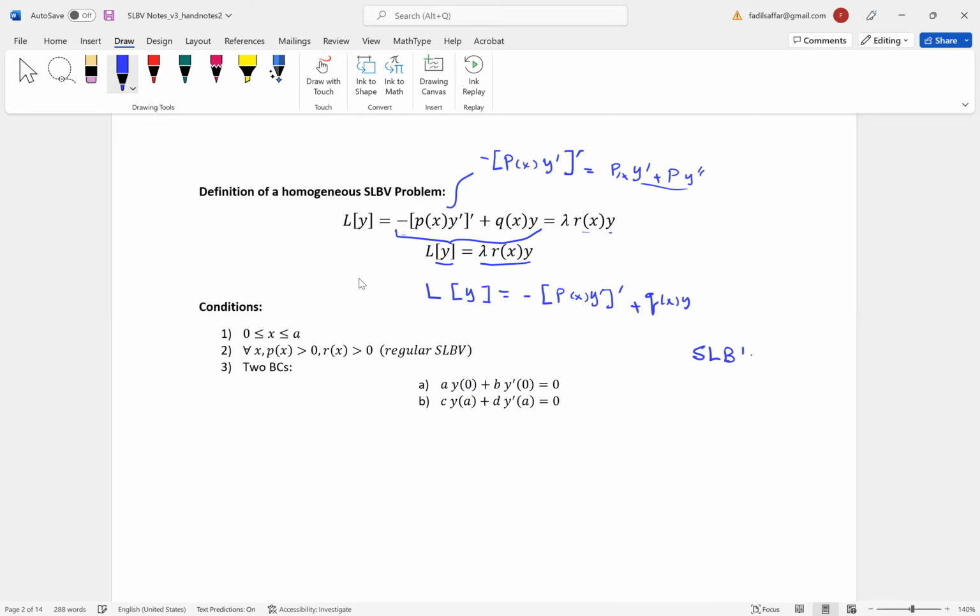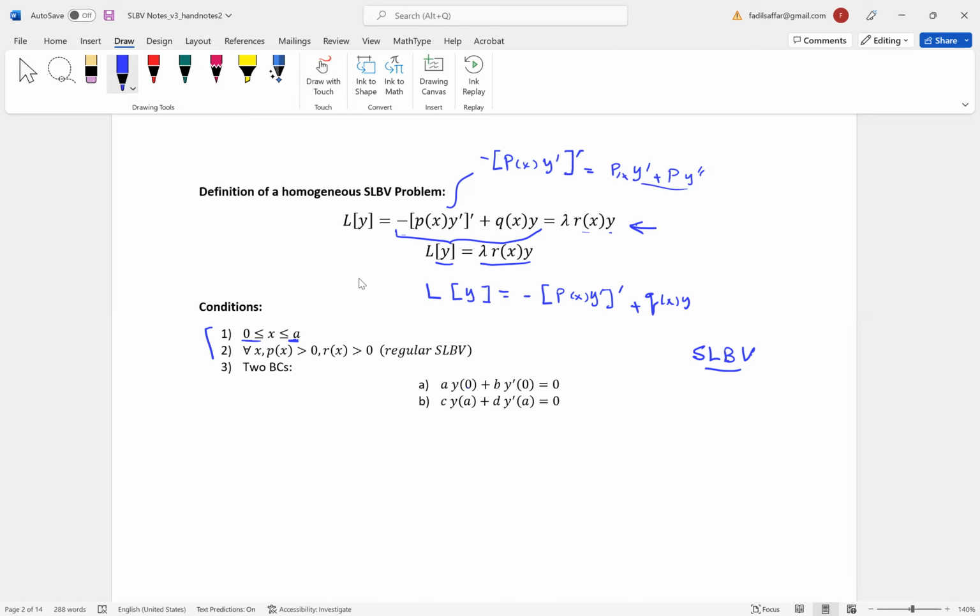Along with the definition of the equation and how it looks, in order for a problem to be an SLBV problem, certain conditions have to be satisfied. We are speaking about a certain interval, and we assume that x is between 0 and a.